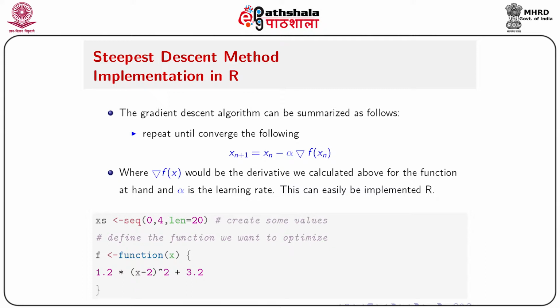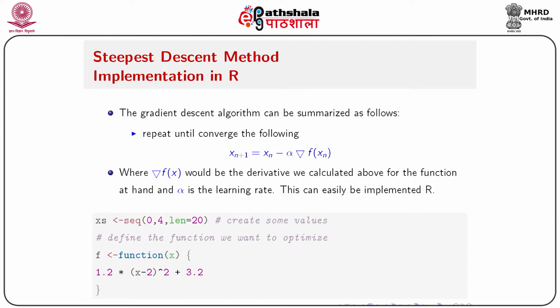Say in R, define one variable xk as a sequence, that is create some values, a sequence from 0 to 4 of length 20, so the total length of the array would be 20, and you will get real numbers from 0 to 4. Then define the function we want to optimize. So our function was 1.2 into (x minus 2) whole square plus 3.2.